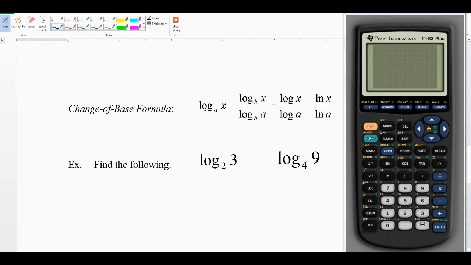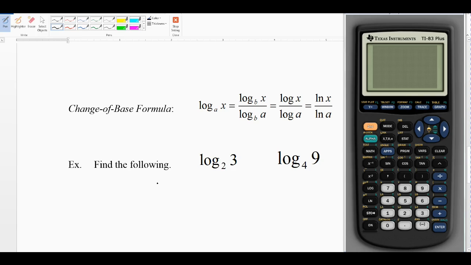Now, when you do the change of base formula, all you're doing is taking this log and you're going to separate into 2 different logs and divide them out. Log x over log a. The base goes on the bottom. Keep that in mind. Base on the bottom. So that's why we always have the log a on the bottom.